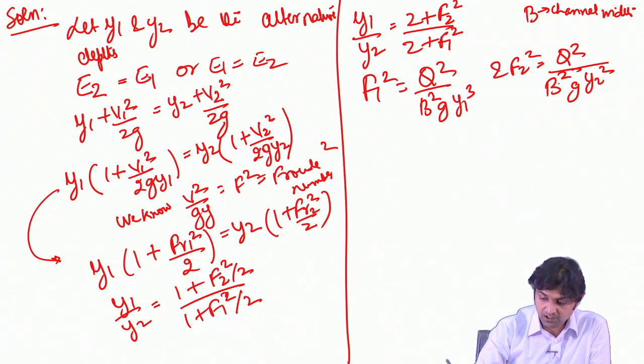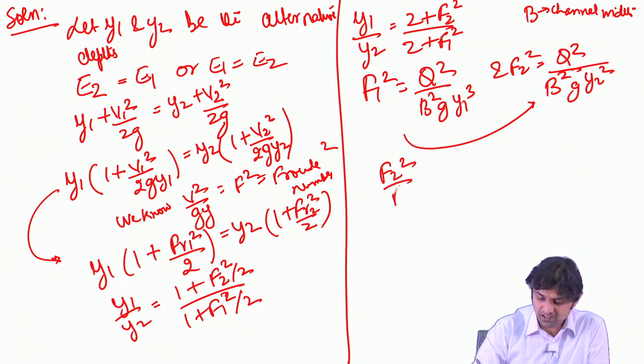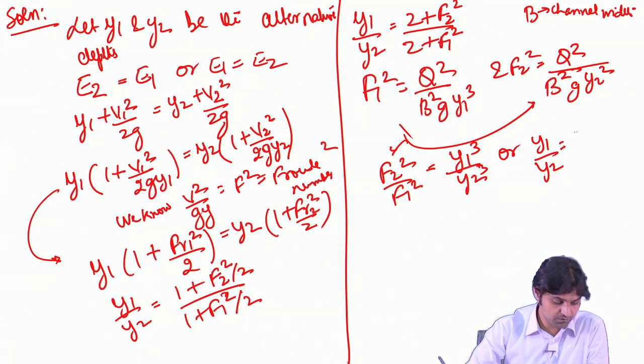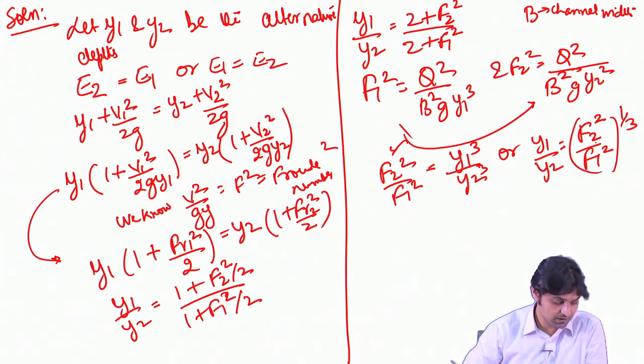Using these two equations, F2 squared by F1 squared will be equal to y1 cubed by y2 cubed, or y1 by y2 is equal to (F2 squared divided by F1 squared) to the power 1 by 3.